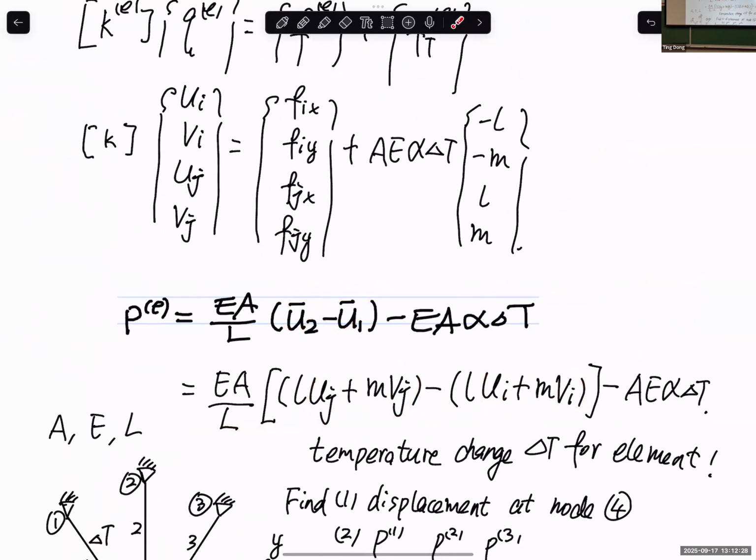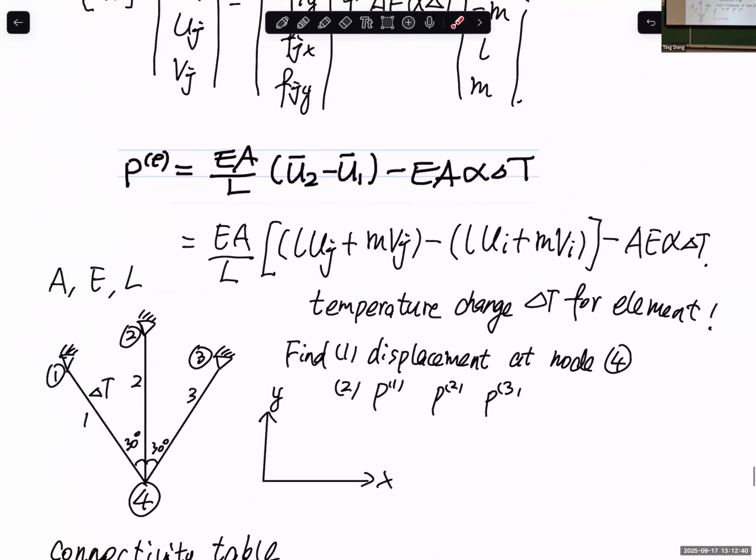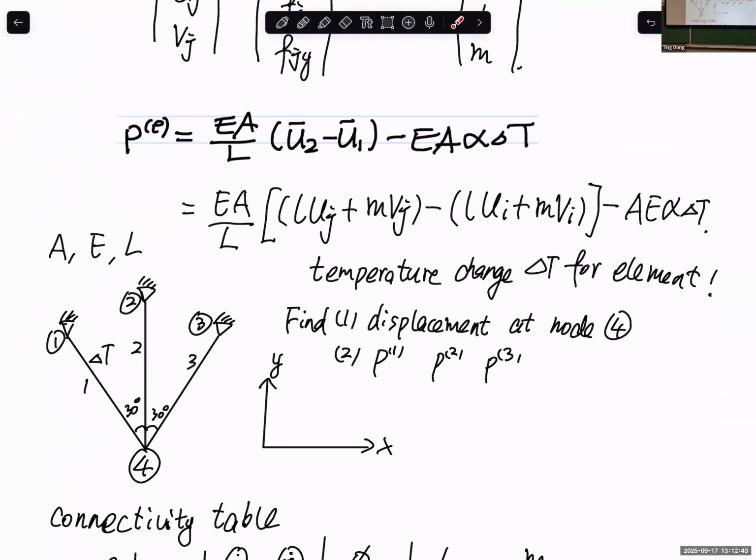And of course, in our example problem, there are some elements with temperature change, some without. With temperature change, you have this term. Without temperature change, delta T equal to 0. We're done. So it's basically putting our solved U4, V4 into the equation for each element. And just be careful that it's always second node, first node.